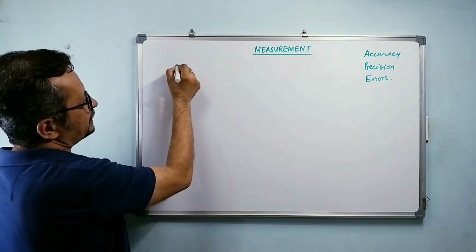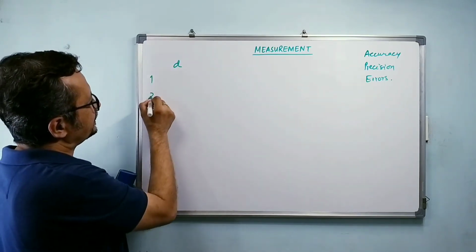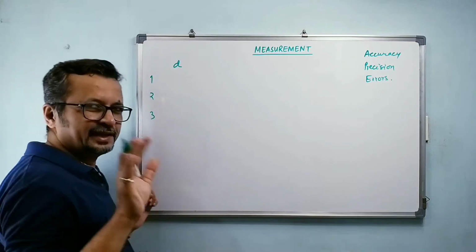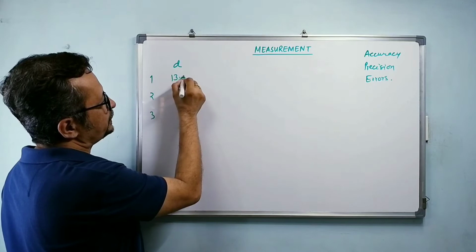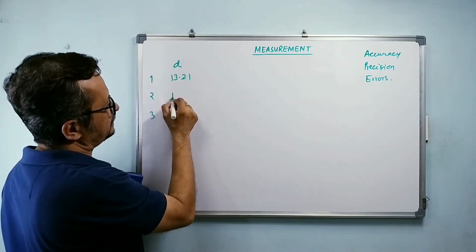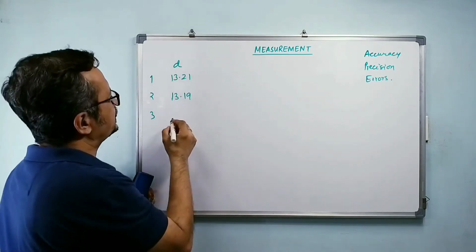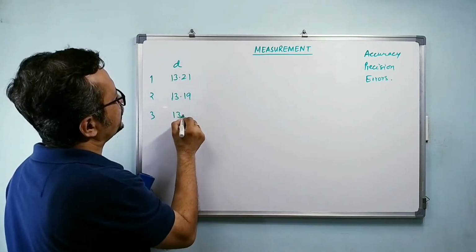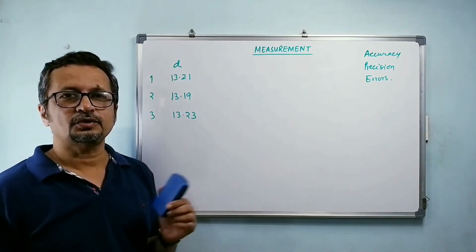So I take my D here. My first reading, second reading, third, I'm taking only 3 here. My first reading is 13.21, the second reading is 13.19, and the third reading would be 13.23. Correct.